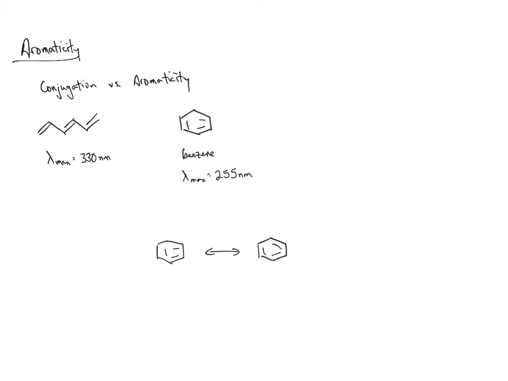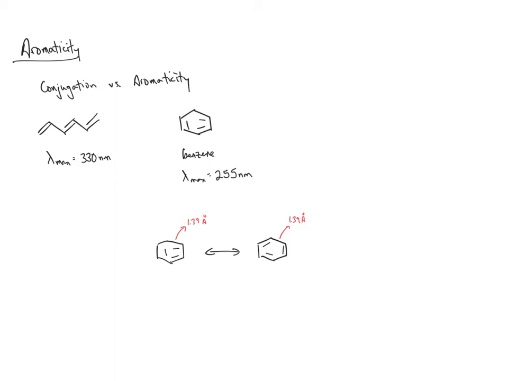And we know that the bond lengths here are 1.39 angstroms, but the bond length here is also 1.39 angstroms. And so the double and the single bonds are exactly the same length.